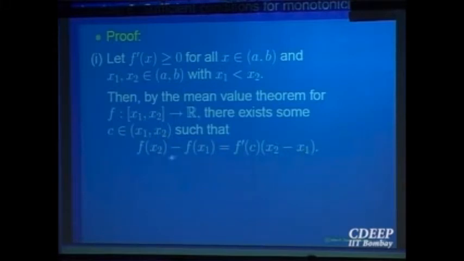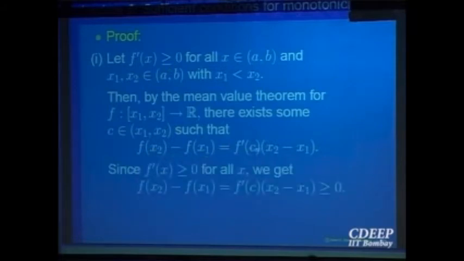So that relates the sign of f(x2) minus f(x1) with x2 minus x1, and we know the derivative everywhere is bigger than or equal to 0, so that says f(x2) minus f(x1) has the same sign as x2 minus x1. So if x2 is bigger than x1, then f(x2) is bigger than or equal to f(x1).